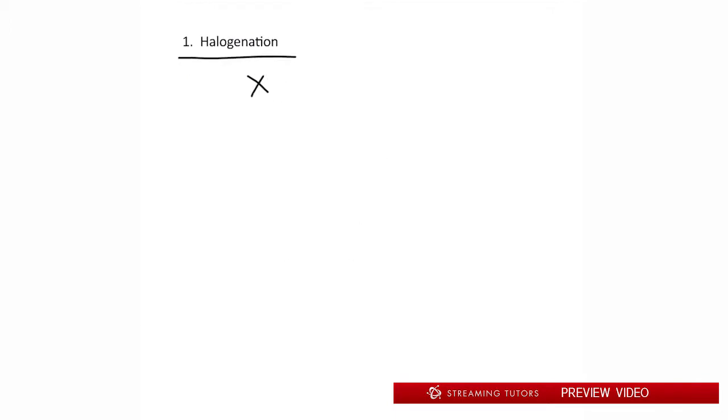This is where we're dealing with X2. X2 can be like Br2 or Cl2 or I2 or even F2. But it can also be a combination of Br and Cl, or Br and F, or Br and I, and so on. So it doesn't have to be the same halogen twice, but at a minimum it's going to be 2 halogens.